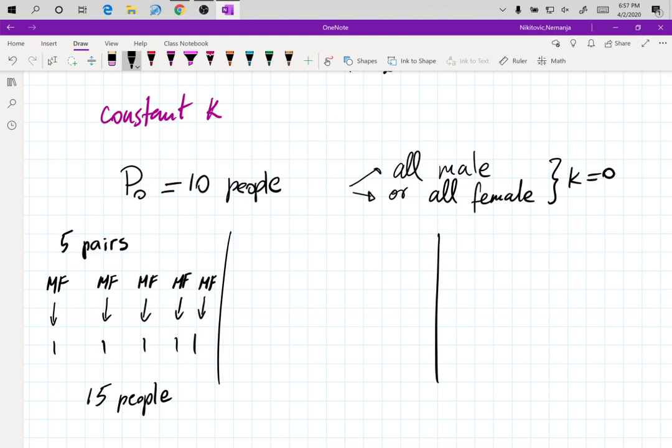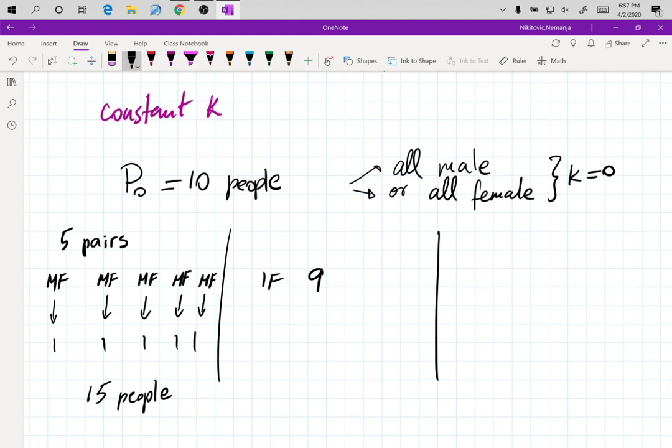You started with 10, and we don't know what K is. We can compute it, but we need to see that K has more to it than just all male. Now, let's have 1 female and 9 male.